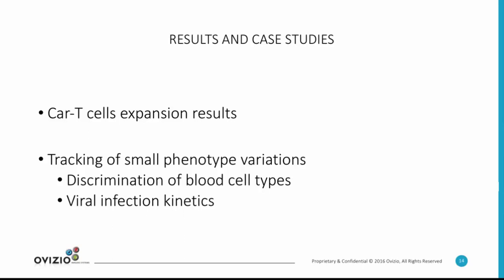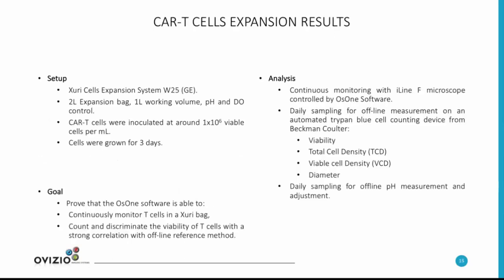So the first example is some results of CAR T cell expansion. The setup is quite basic. It was the use of the Xuri cell expansion system with a 2-liter expansion bag and a 1-liter working volume with a pH and a DO control probe.